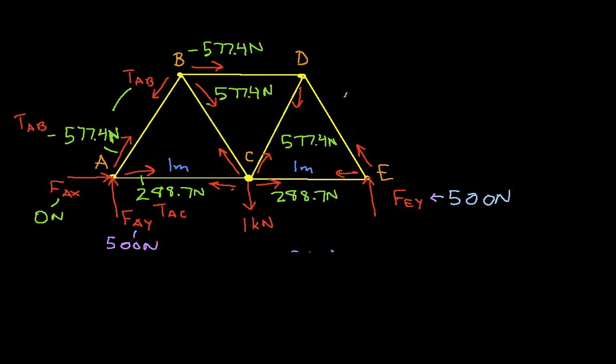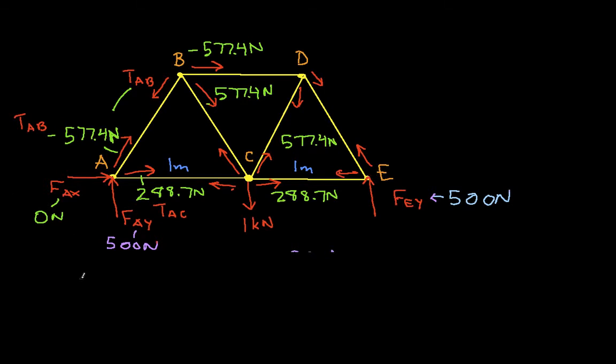So now the only thing left to find is TDE. So I can look for TDE either at joint E or joint D. It doesn't really matter which one I choose. One might be a little easier than the other. Let's look at joint E.